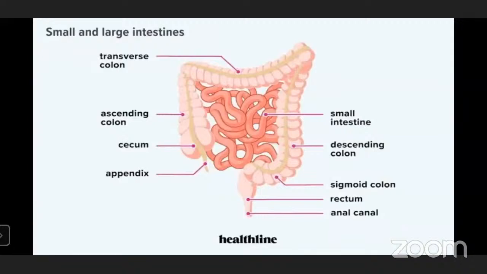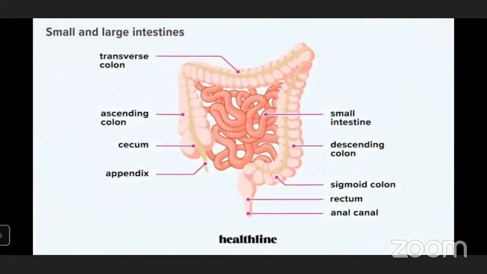Yes, this is the small and large intestine. Friends, small and large intestine. This is the transverse colon.